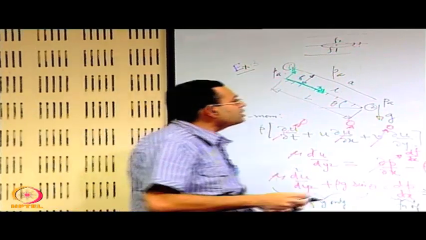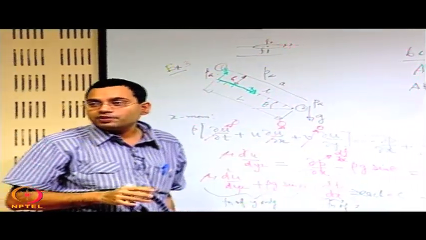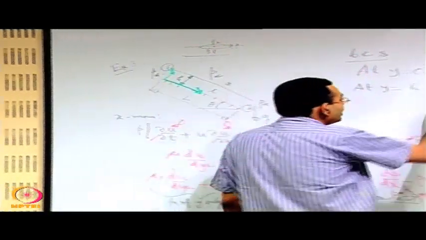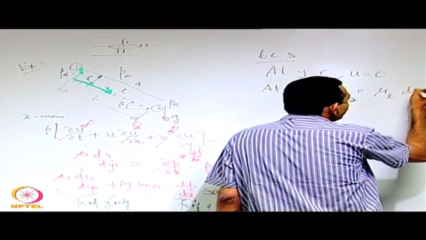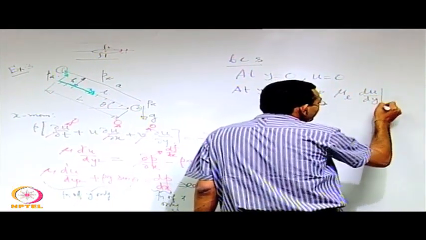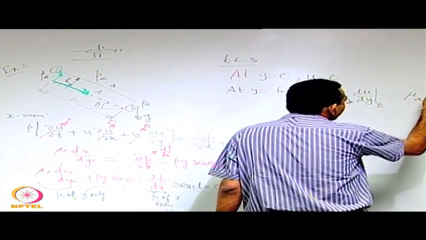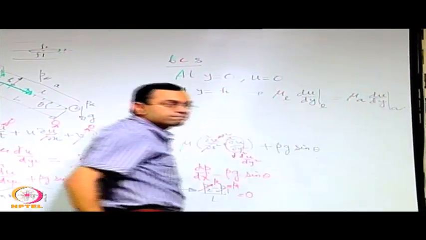Here it is just a one dimensional type of flow, that means mu du/dy must be continuous. So at y equal to h you must have mu of the liquid into du/dy measured from the liquid side at the interface equal to mu of the air into du/dy at the air side.